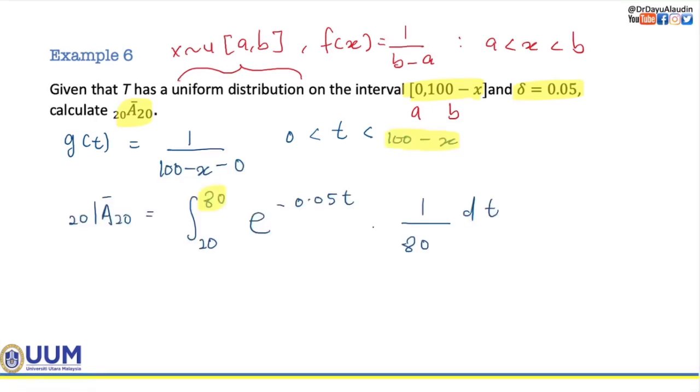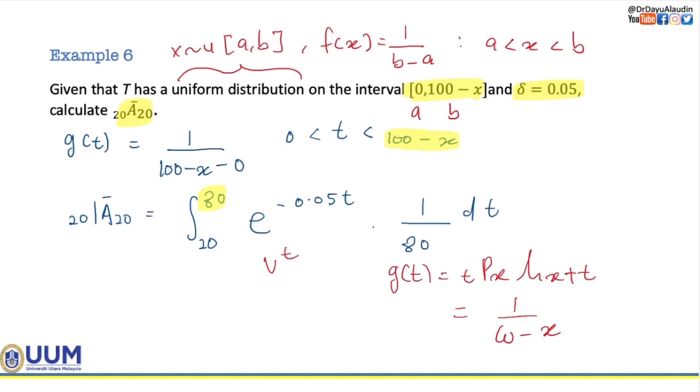Then we can integrate the gt and the vt. This is vt and this is gt. Here gt follows De Moivre's law, so 1 over omega minus x.